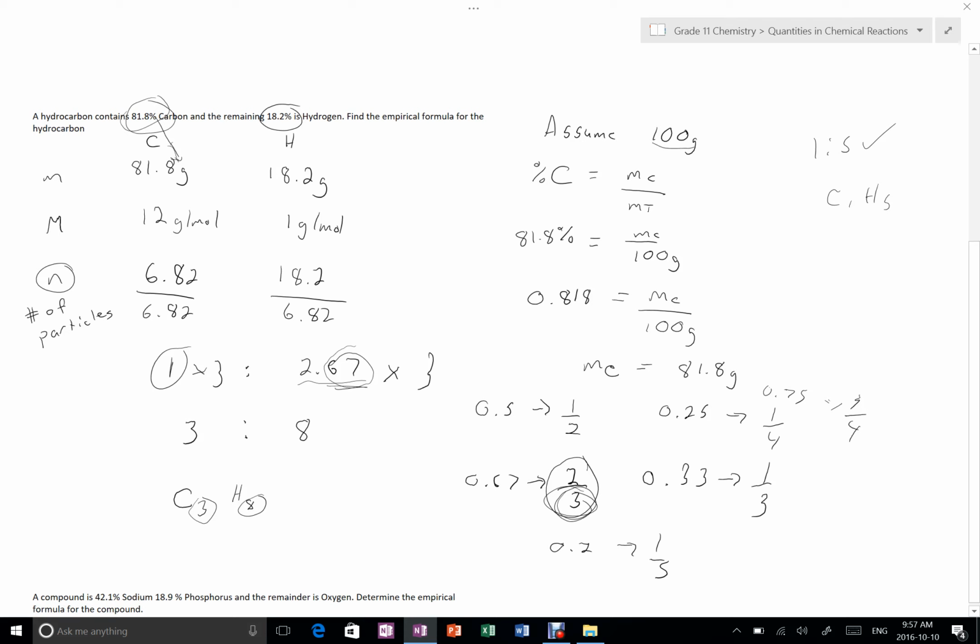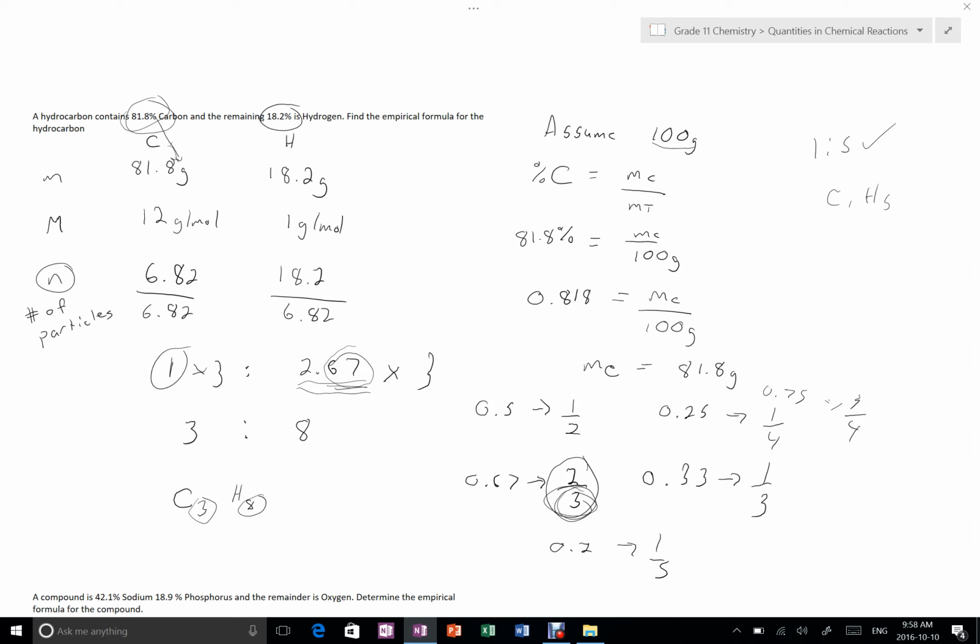Then I want to multiply out whatever fraction is hidden within this number. So since 0.67 was related to 2/3, if I multiply both numbers by 3, then I will get rid of this 0.67. I will effectively multiply out the fraction that was hidden in the number and get up to a nice whole number ratio that I can then use to write my empirical formula.